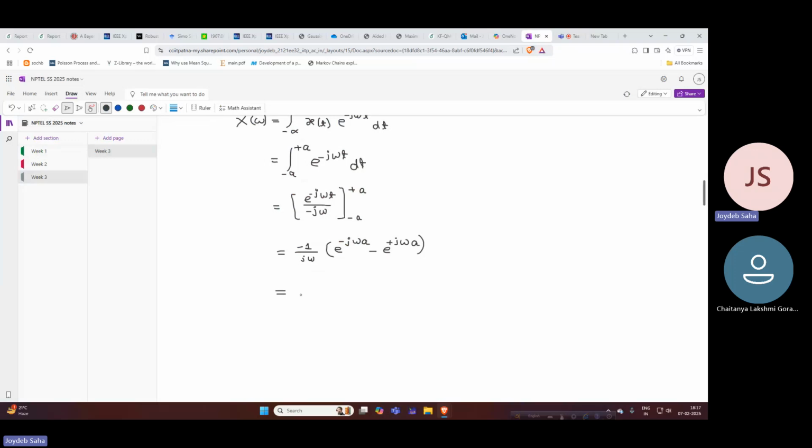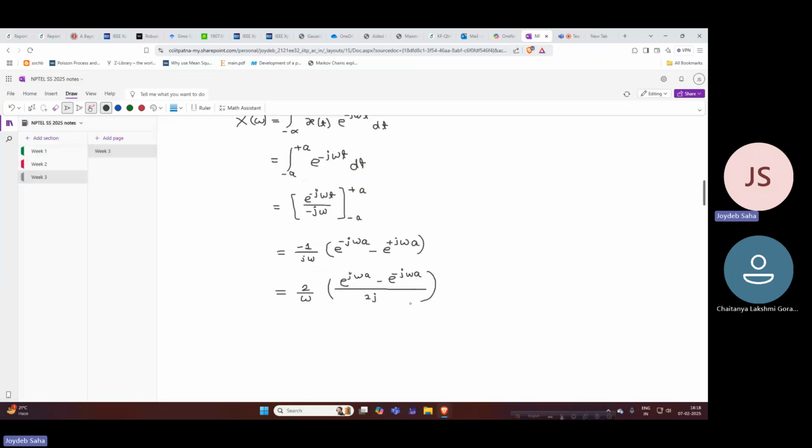Can we write it like 2 by omega multiplied with e to the power j omega a minus e to the power minus j omega a, divided by 2j.